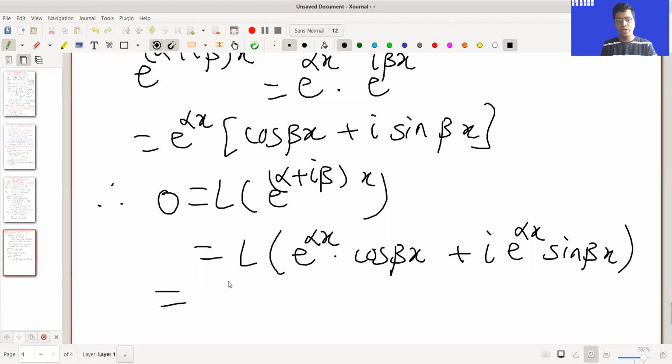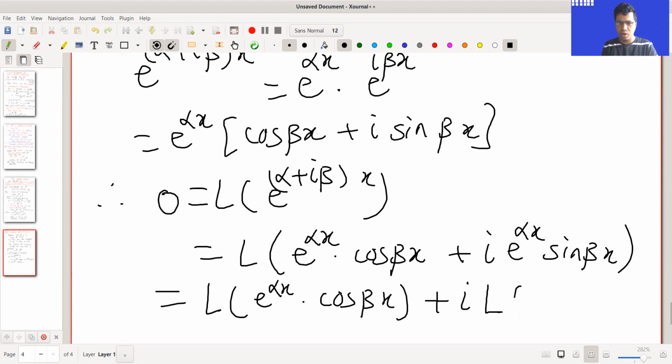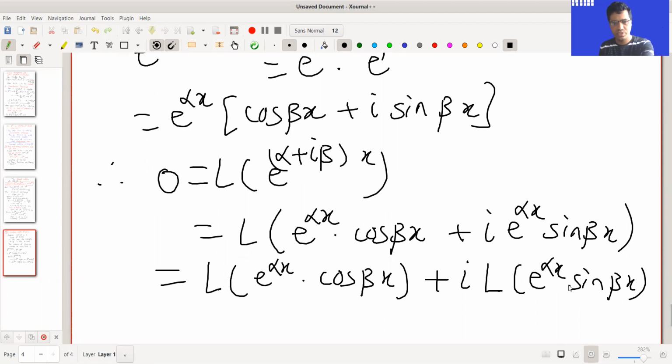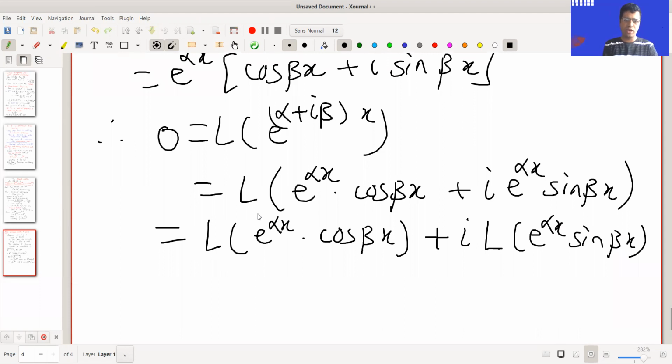Now we already have seen that the operator L is linear, so this is nothing but L of e raised to alpha x into cos beta x plus I is constant, so I times L of e raised to alpha x into sine beta x. And this is equal to 0. So L of this plus I times L of this equal to 0.